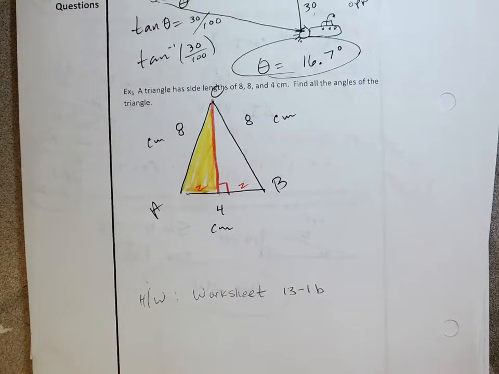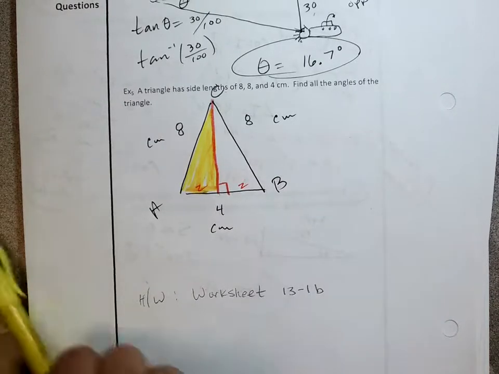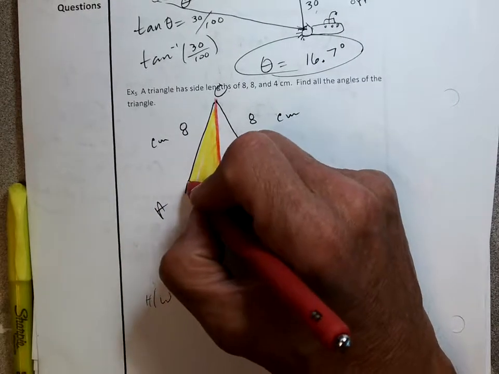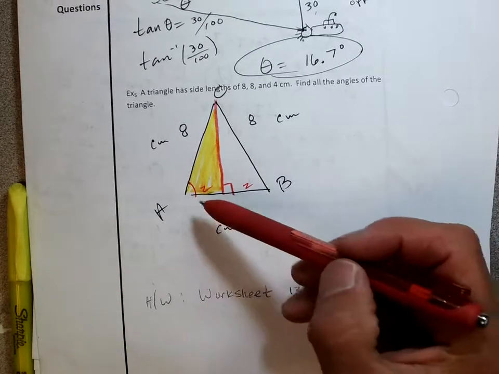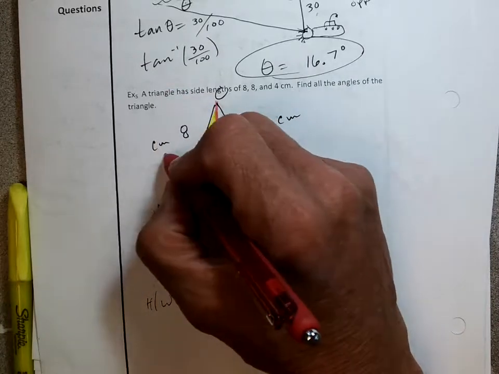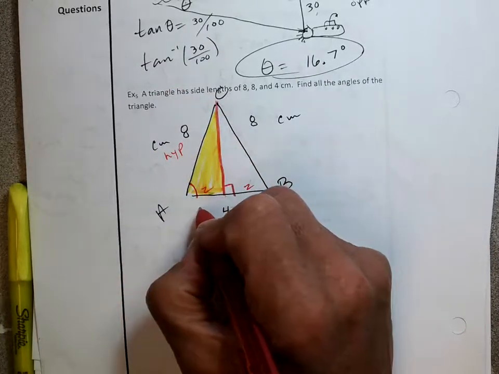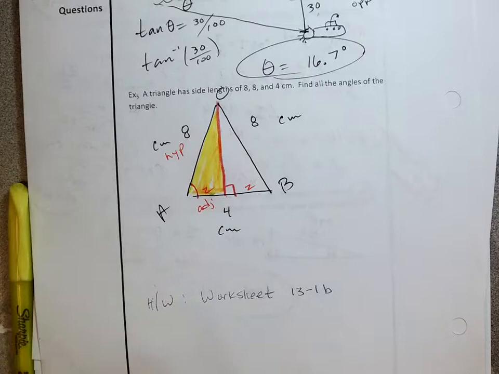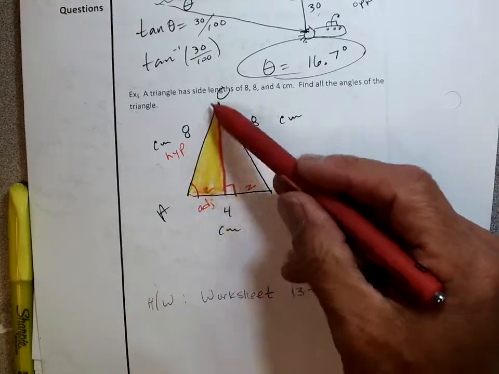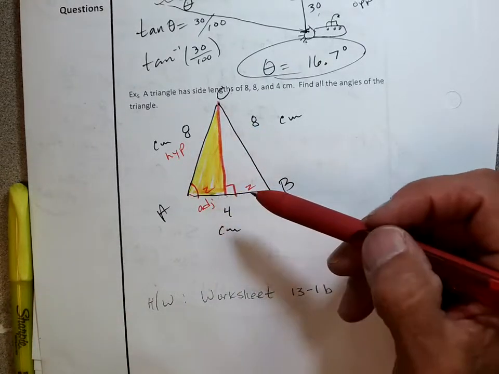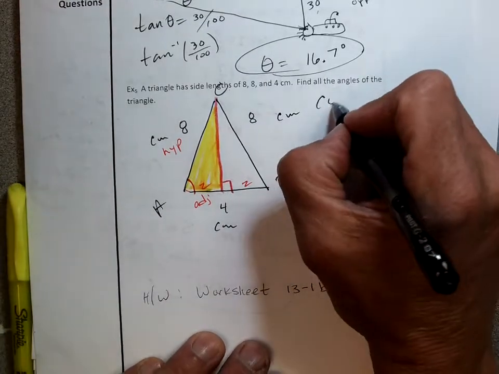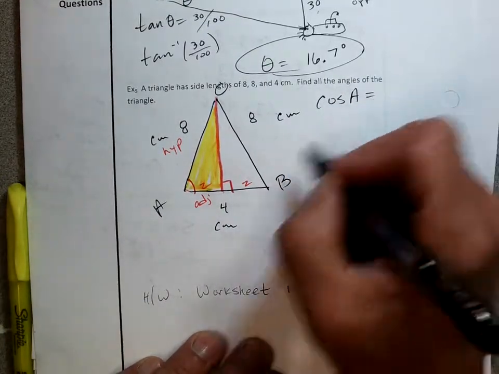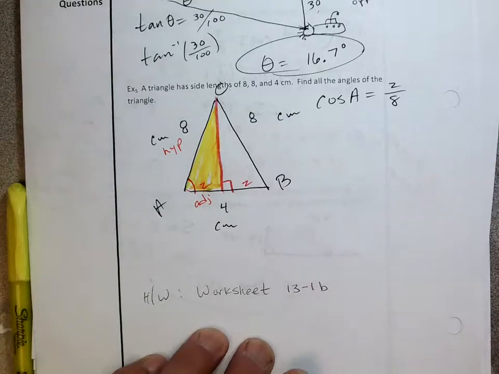So let's find angle A first. Right, that's right. So angle A, I have its hypotenuse and its adjacent, right? So I pick angle A to work with. I have its hypotenuse and I have the adjacent, right? So I'm going to set up cosine of angle A equals 2 over 8, right?